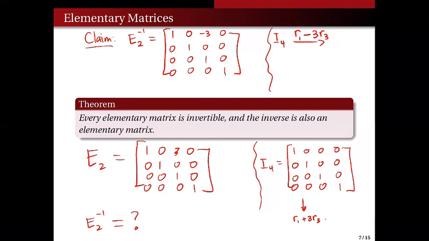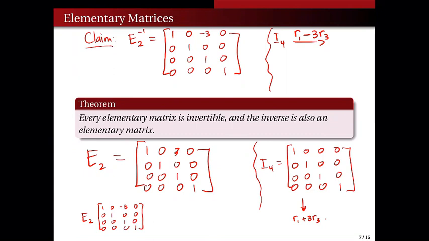So if we do that, let us see: E2 times the matrix 1, 0, negative 3, 0, 0, 1, 0, 0, 0, 0, 1, 0, 0, 0, 0, 1. You can multiply this E2 and this matrix here if you want. Just 4 by 4 matrix times 4 by 4 matrix.